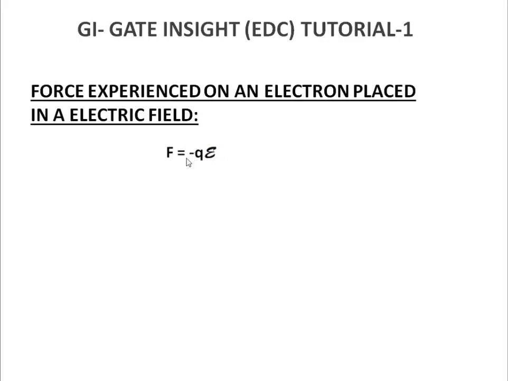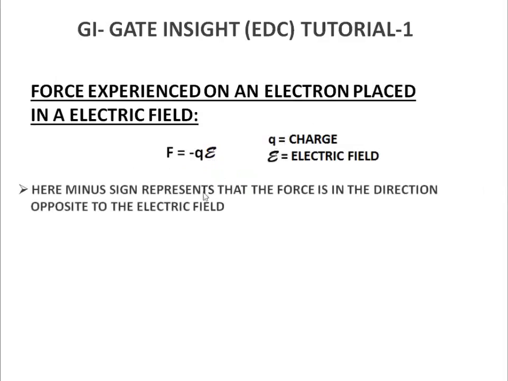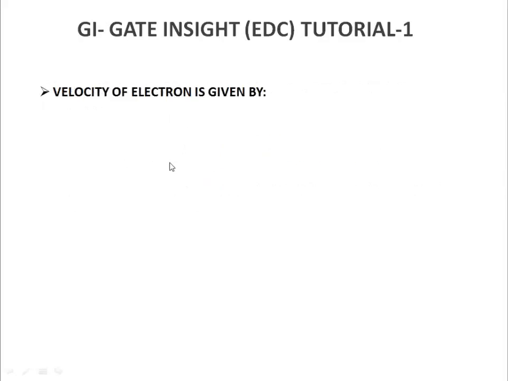The negative sign represents that the force is in the direction opposite to the electric field. Sometimes they are going to ask what is the force experienced on an electron when placed in an electric field. If you know the charge and the electric field, you can find out the force.